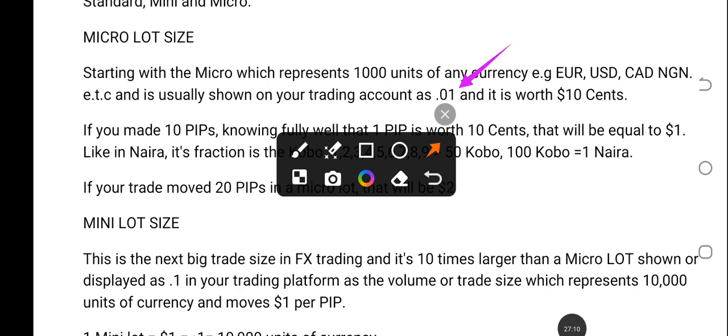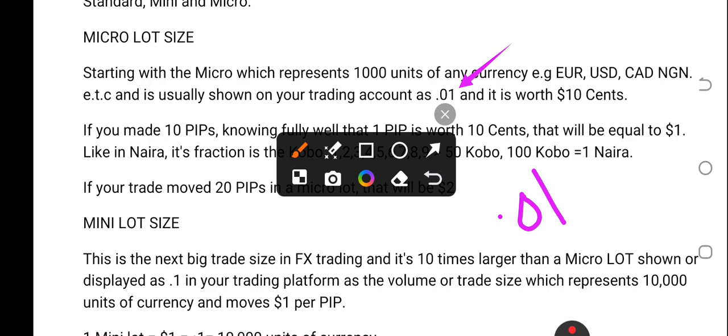So that means if you want to open a position of a micro lot, you just go to your trading platform and look for 0.01. Very simple. Then for every pip that you are making, whether you sold in the market or you bought the currency pair, it is 10 cents.